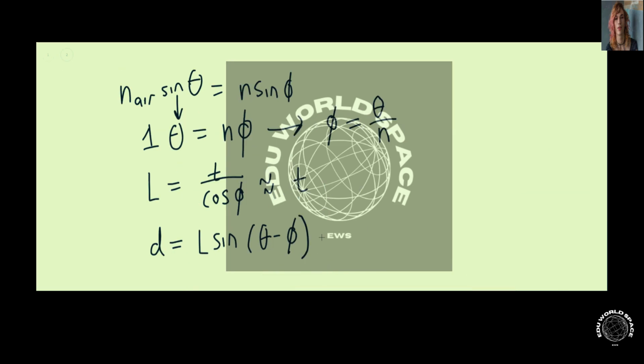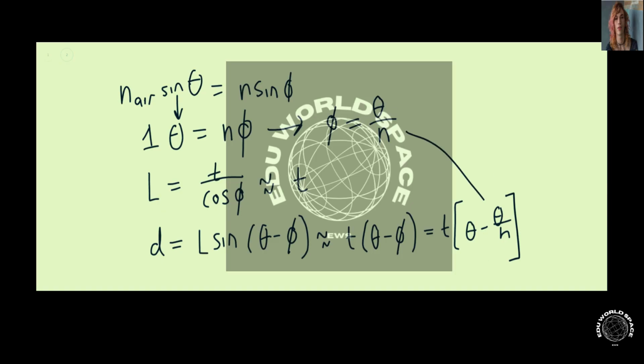And once again, we can apply the small angle approximation to express both of these as t (theta minus phi), or simply t (theta minus theta over n) by replacing phi with theta over n. And finally, we get the result that we were looking for, t theta (n minus 1) over n.